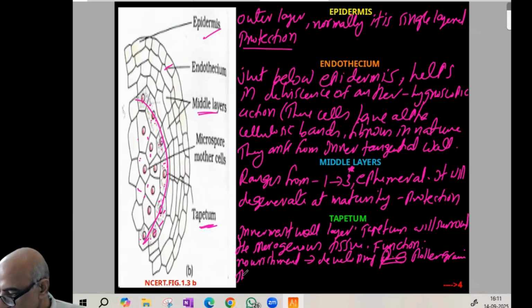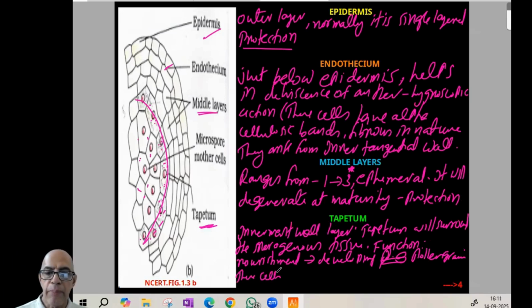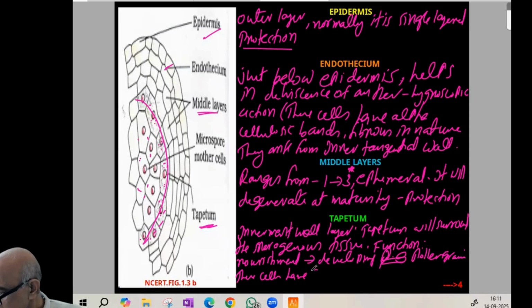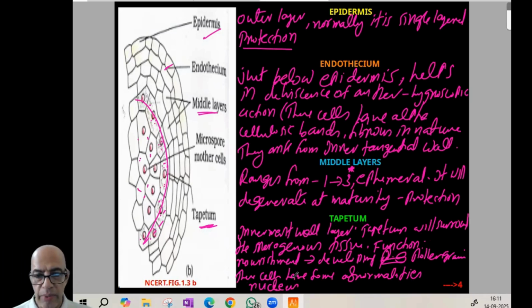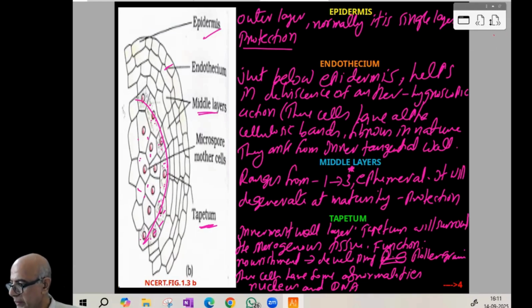And these cells have some abnormality. In which respect? One is the nucleus: the number of nuclei will be more. And second is the amount of DNA, that also will be more. That is the tapetum, the nutritive layer, having some abnormal property.